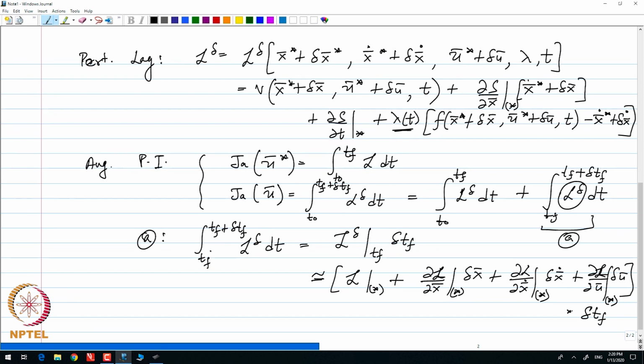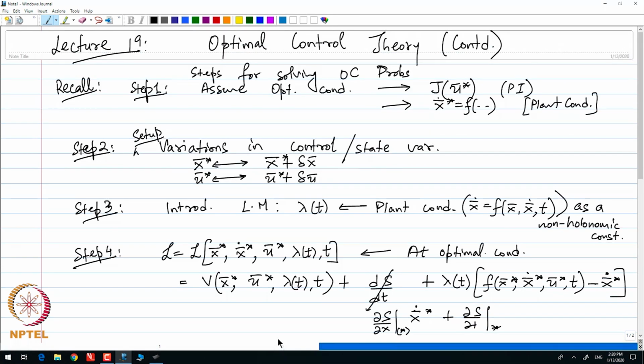So, all I have to do in my next step is take the perturbation of the perturbed performance index, or the difference of the perturbed performance index with the original index or the optimal index. So, we are trying to write down our conditions for the first variation equal to 0. So, step 4 was to write down the Lagrangian, okay.